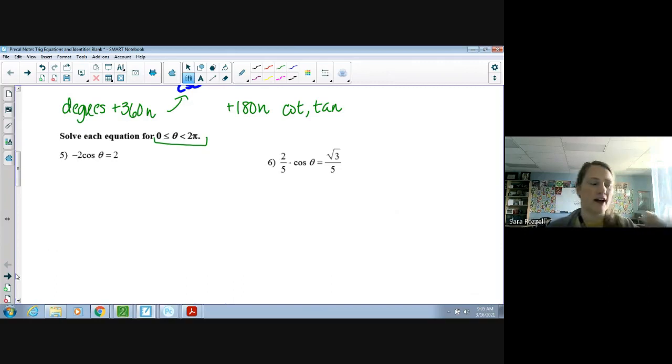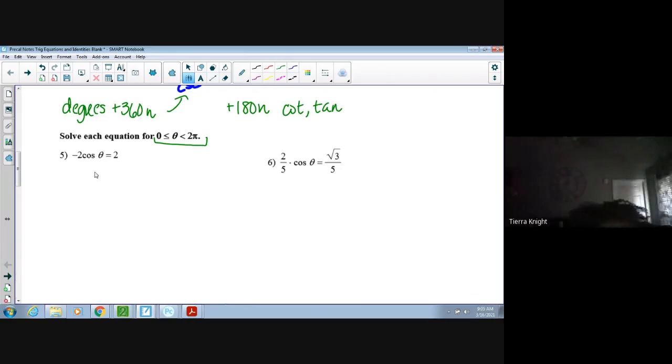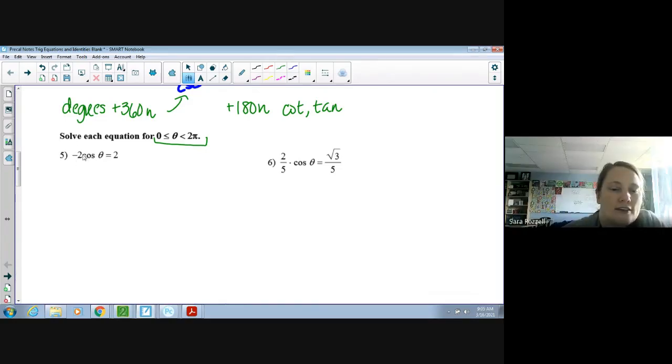So on number 5, is cosine by itself yet? No, but we got -2 times cosine, so we're going to divide by -2 on both sides because it was multiplied by it. And 2 over -2 is -1. So we're looking for when is cosine -1, and then we just do that one.